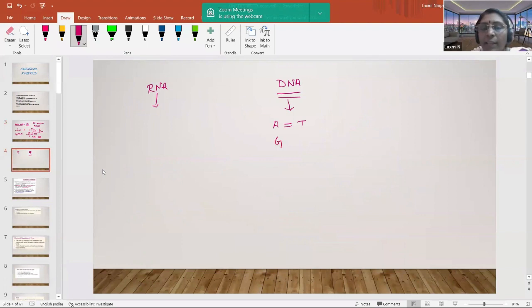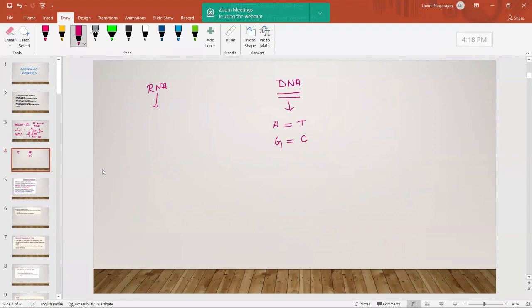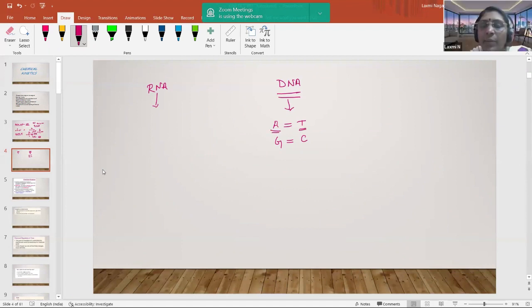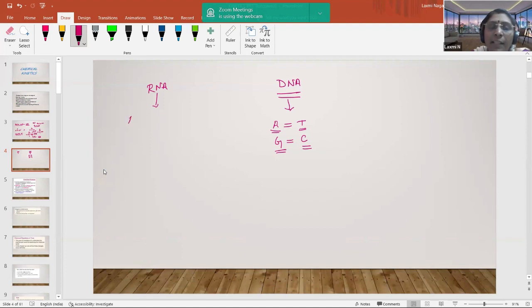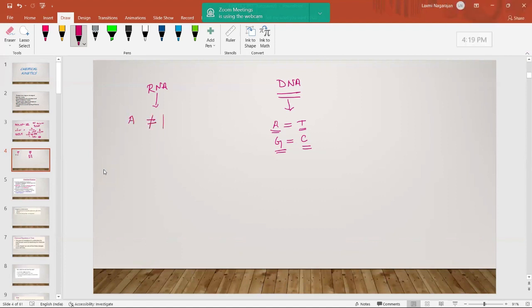The number of guanines are always equal to the number of cytosines. These are not double bonds, nor are they hydrogen bonds. They are just equal. The amount of adenines is equal to the amount of thymine. The amount of guanines is the same as the amount of cytosines. Whereas when you hydrolyze RNA, the amount of adenine is no longer equal to, what should I write here?